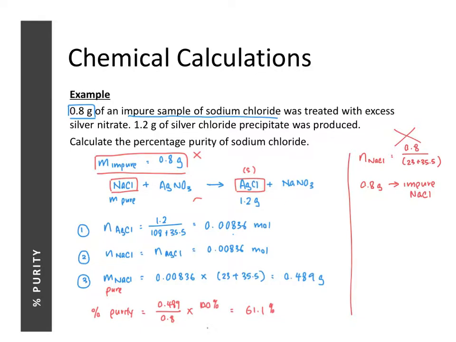So it doesn't make sense to divide this mass by the molar mass of sodium chloride to find the number of moles of it. That's why I was saying at the very start, when you see the mass of the impure substance, you should not be touching it until the very last step, which is to compute percentage purity. Please bear that in mind.